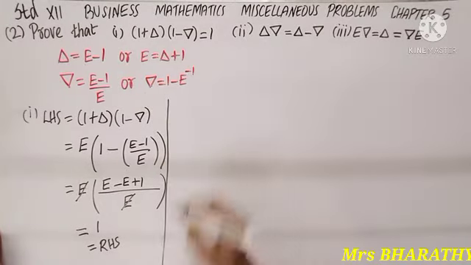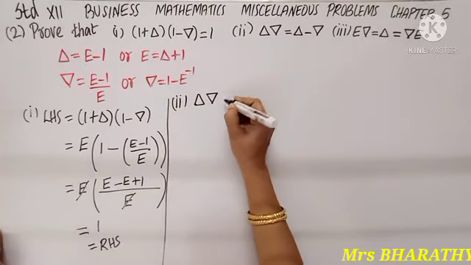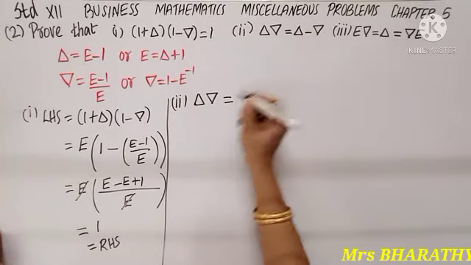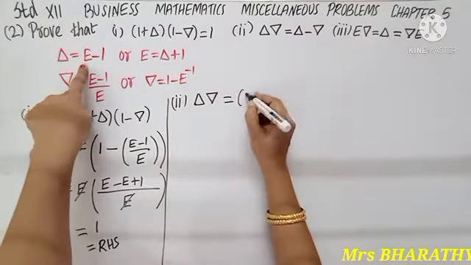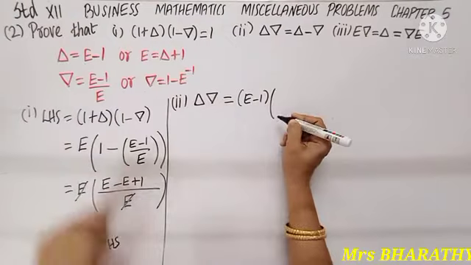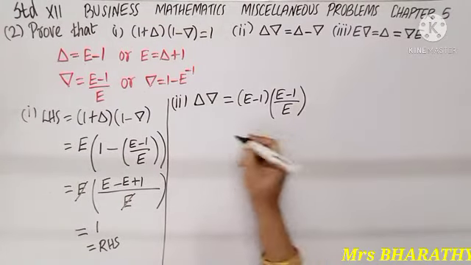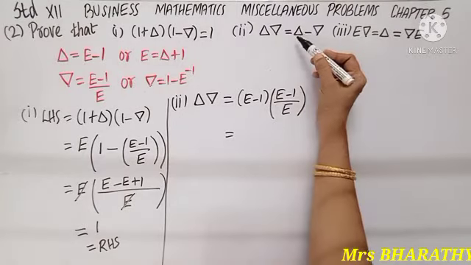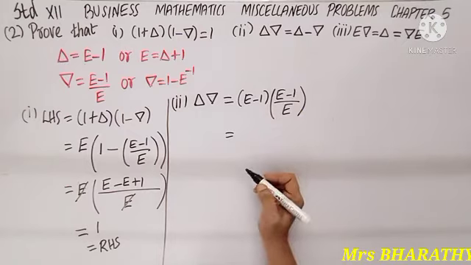Second subdivision, we want to show delta into nabla. This is LHS. What is delta from here? E minus 1. What is nabla from here? E minus 1 by E. Because I want delta minus nabla, let us multiply and simplify.